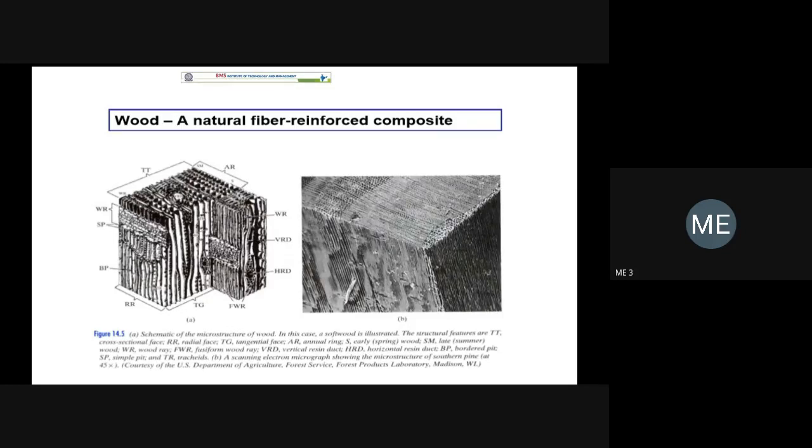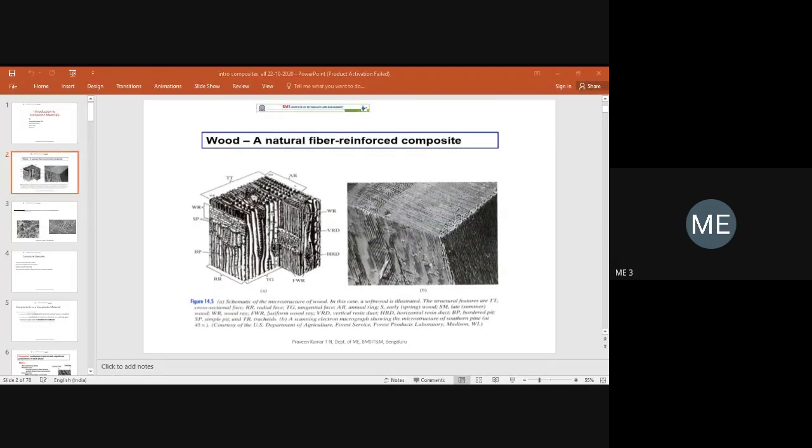In composite terminology, the steel rods are referred to as the reinforcement material. Then the concrete is referred to as the matrix material.